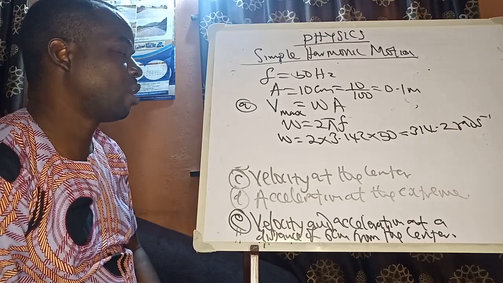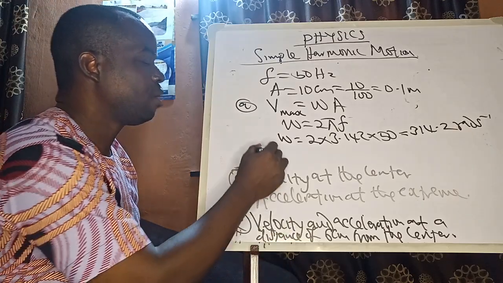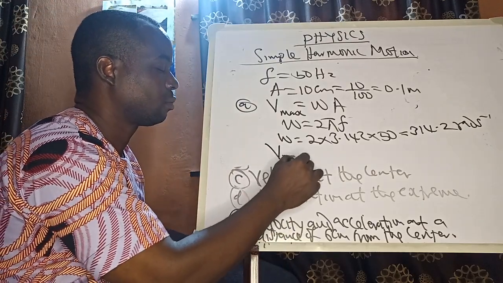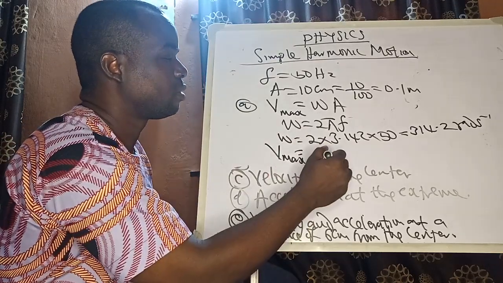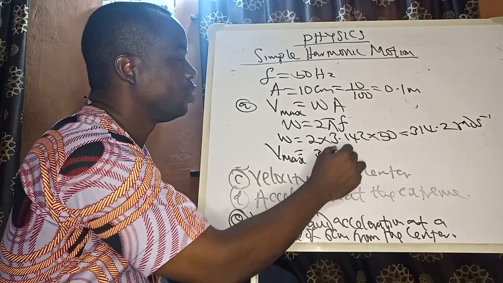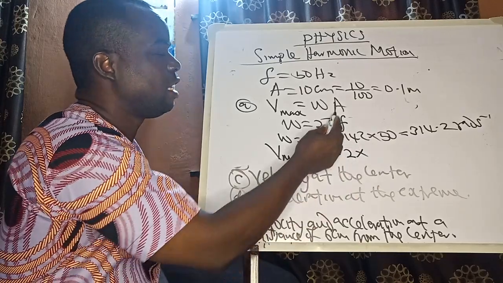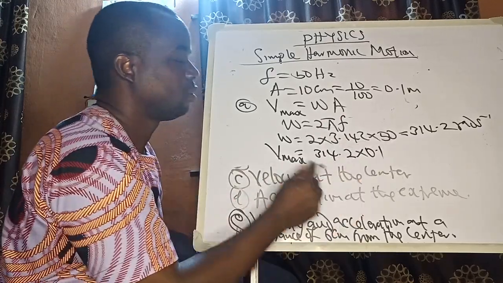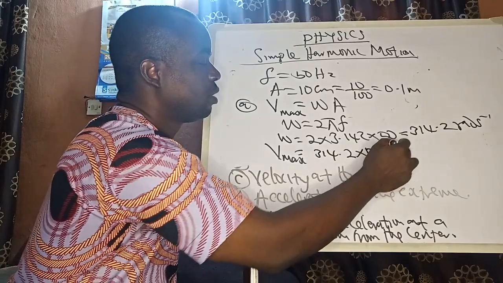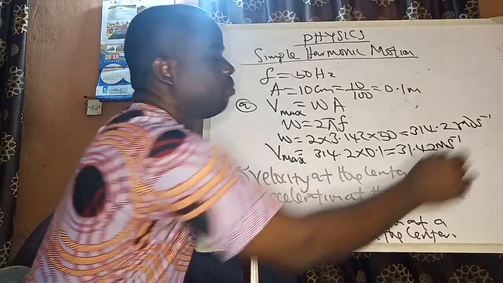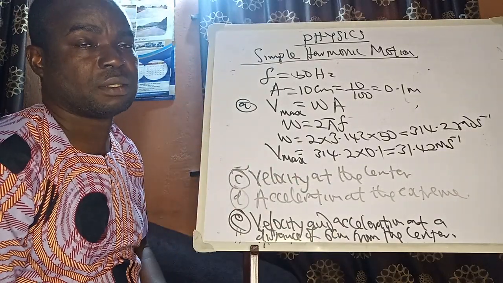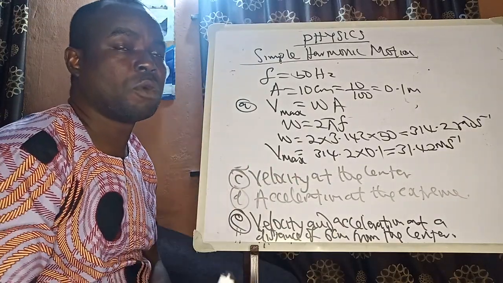So now that I have found W, my Vmax, which is maximum velocity, will now be W, which is 314.2, times A. Our A is 0.1. If you multiply it now, you get 31.42 meters per second. So take note of that. That's maximum velocity.